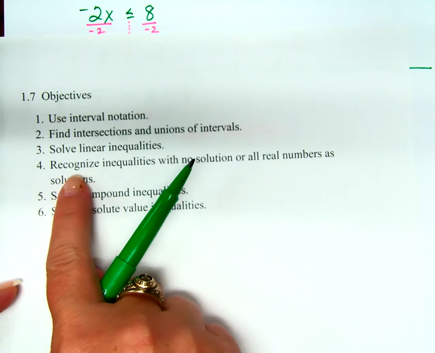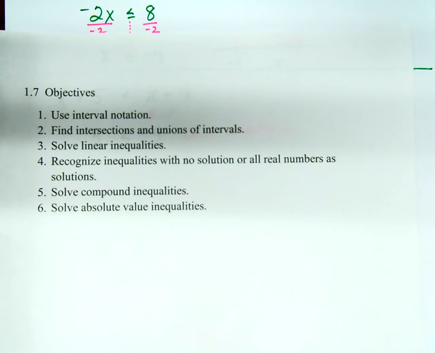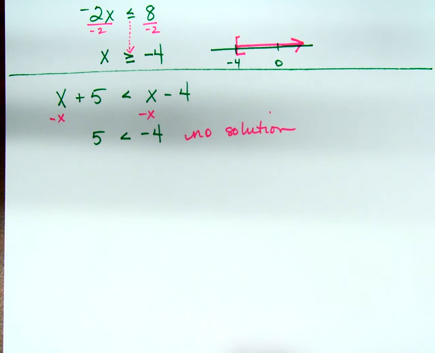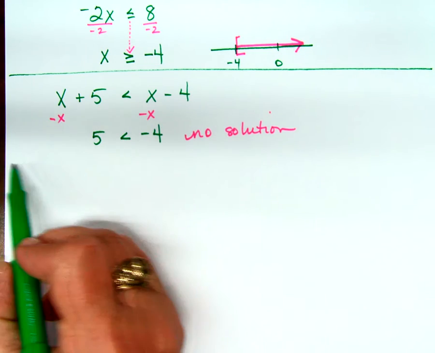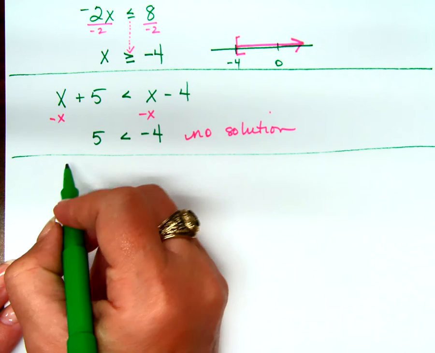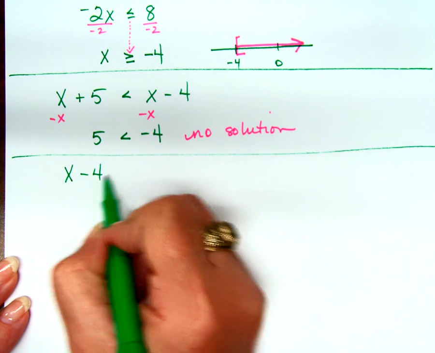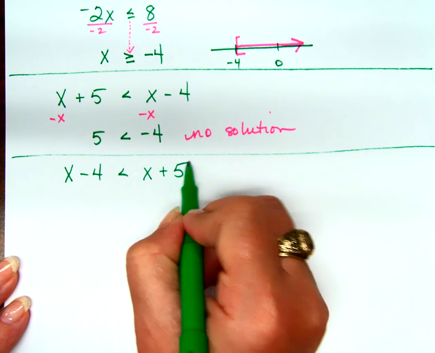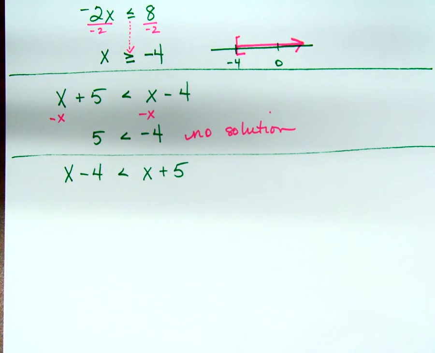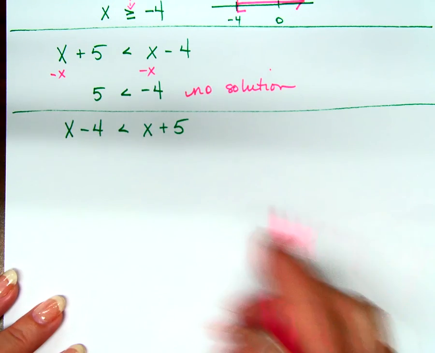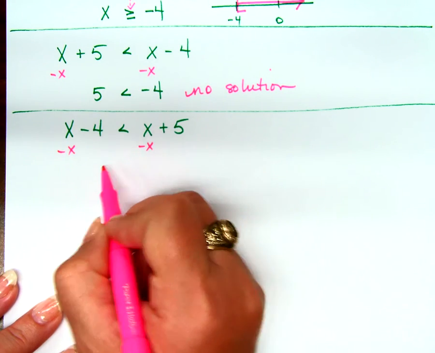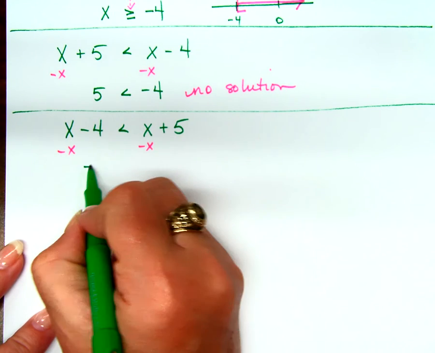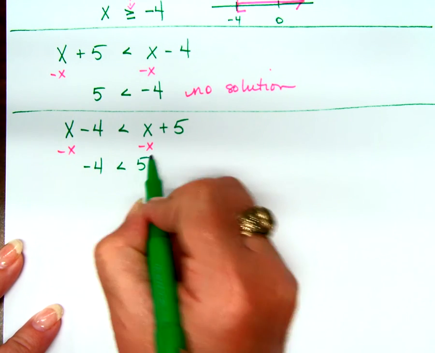Because the next one says recognize inequalities with no solution or all real numbers, right? Okay. x minus 4 is less than x plus 5. If I subtract x from both sides, I get negative 4 is less than 5.